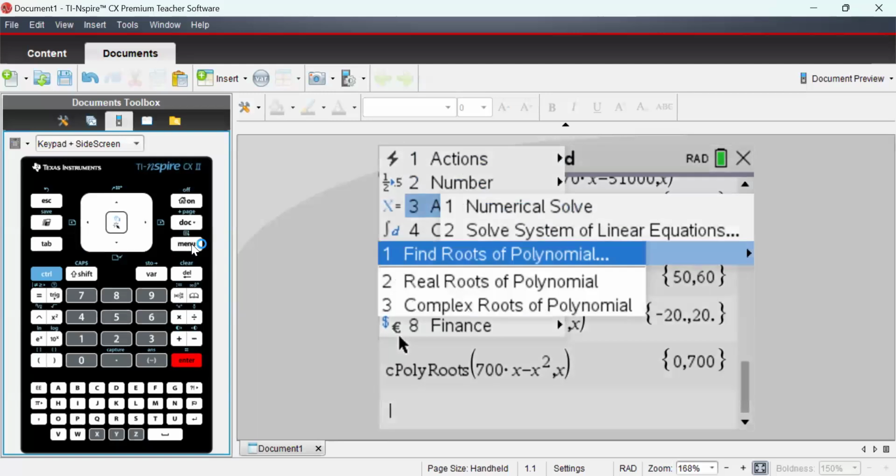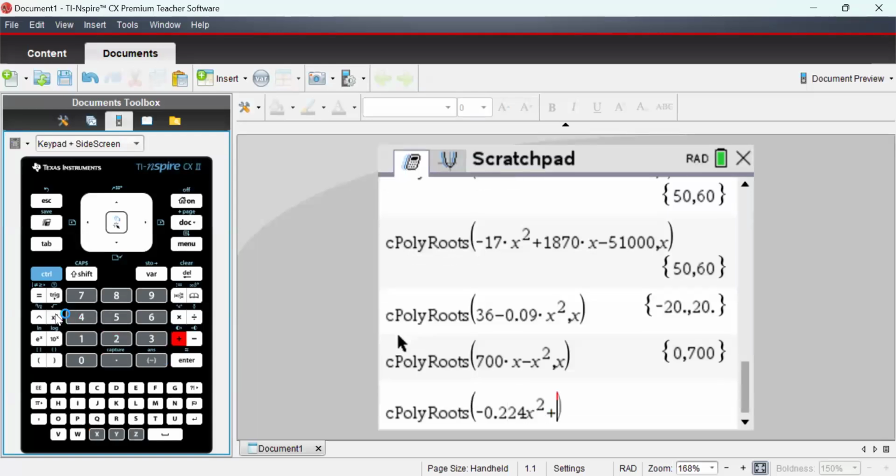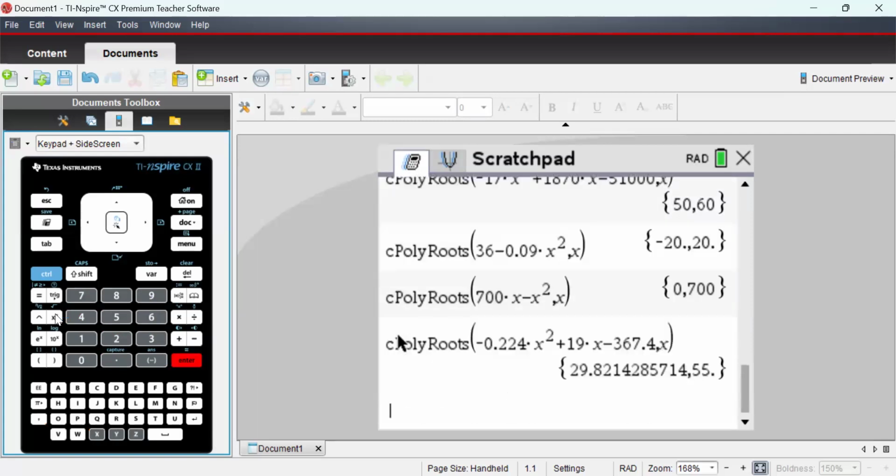We're going to see polyroots again. My X at the end, no equal sign with C polyroots. All right, so 29.8, that's going to round to 30, and then 55.